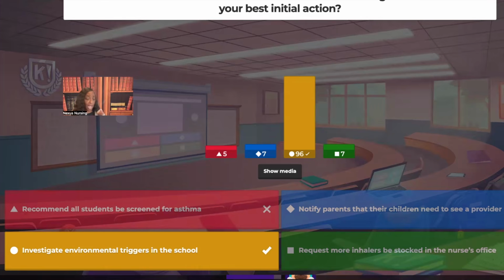You're going to be looking for pollen, mold, dander, chemicals or smoke or anything that can trigger an asthma attack or reaction, right? That's right. Figure out what's happening in the school because that school is your what? Community.